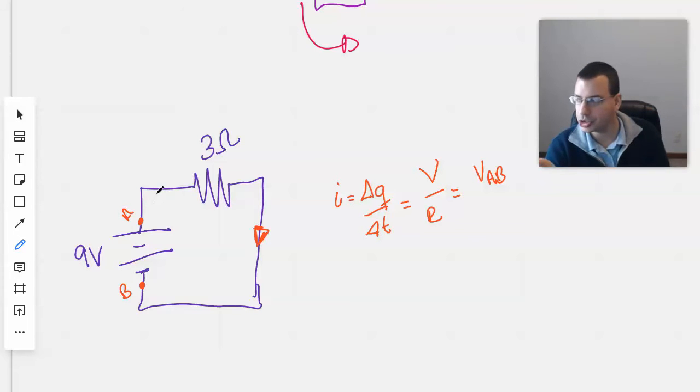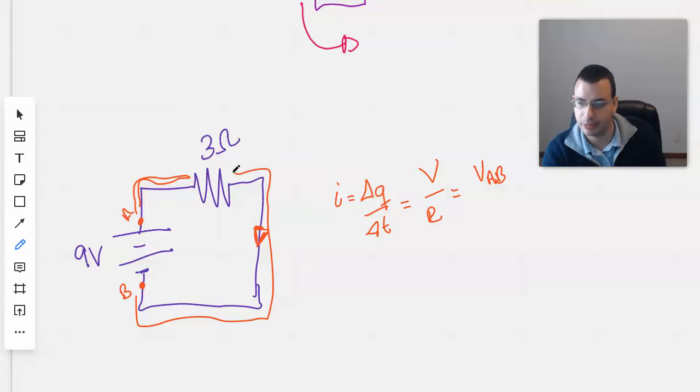So one of the assumptions with wires in circuit drawings is that wires offer no resistance to flow. So this area right here all has the same voltage. Then there's a voltage drop across the resistor, and then everything along this side would have the same voltage as well.